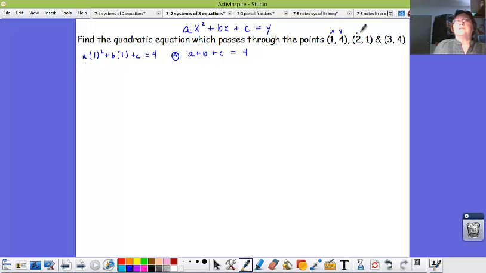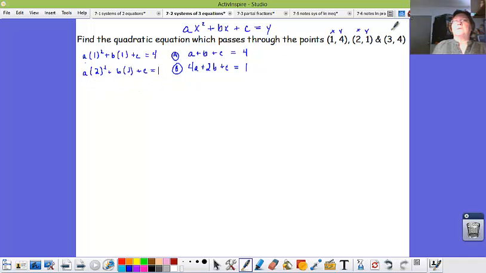Let's use the next point with its x and y to generate another equation. A times, this time x is 2, so 2 squared, plus b times 2 plus c is equal to 1 this time. Here comes my b equation: 4a plus 2b plus c equals 1.